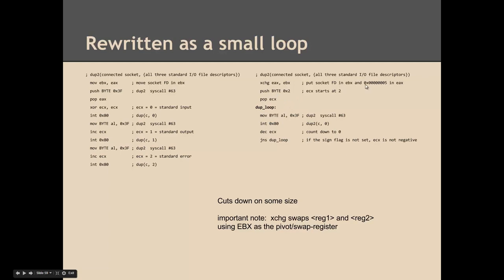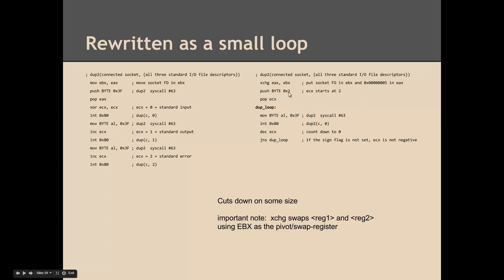Or no, I'm sorry. We know what it is. It's 5, and the important part is that the upper bytes were all zeroed out, and we're going to push this 0x3F byte into it to make EAX be 63 to specify the dup2 system call.